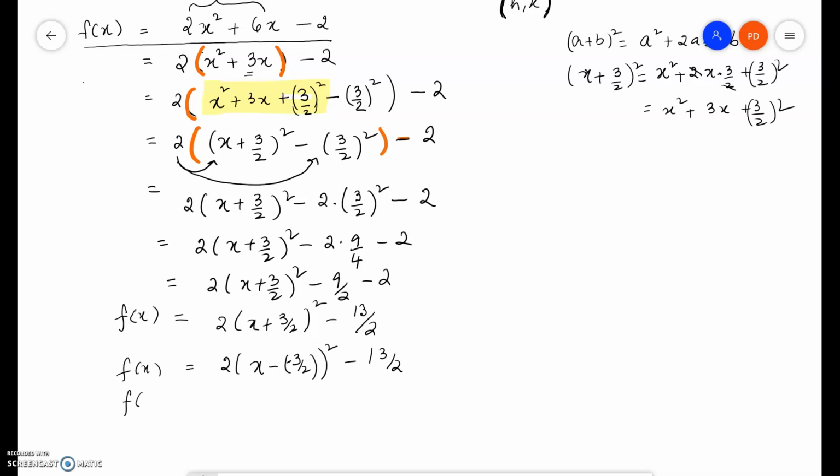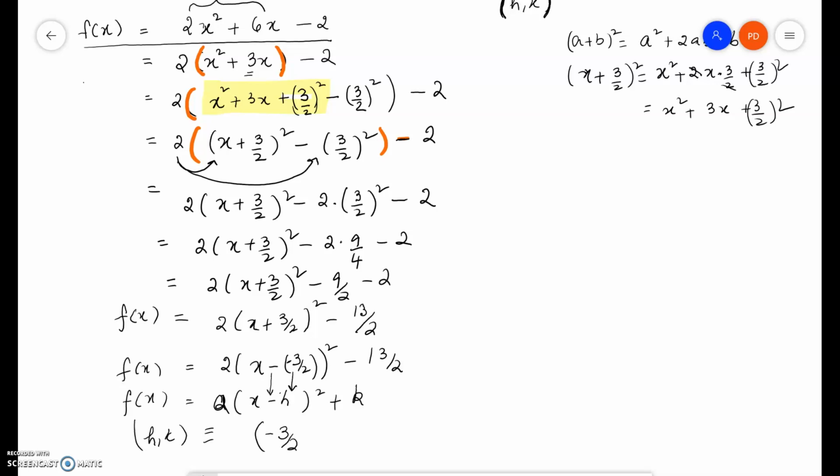Now we compare it to the standard form, which is a times x minus h the whole squared plus k. So clearly the minus corresponds to the minus and the negative 3/2 is h.